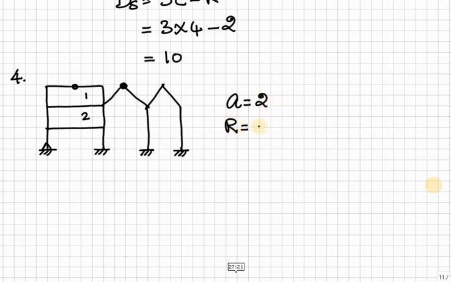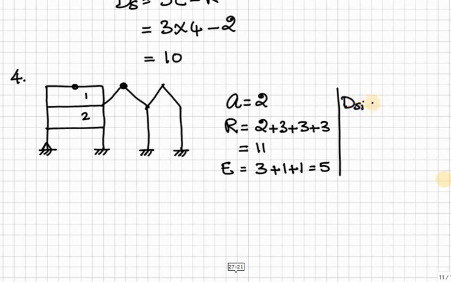And R is equal to 2 plus 3 plus 3 plus 3. And E is equal to 3 plus, this one for the first hinge, the next one for another hinge, extra equations.